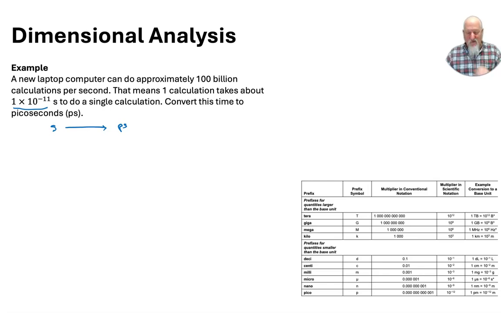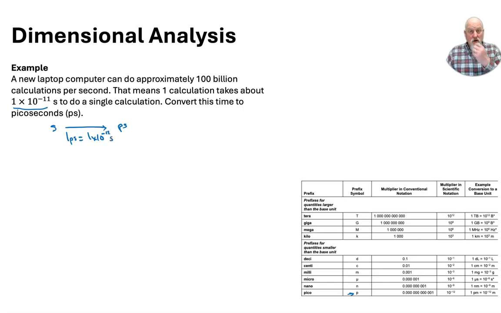So we're going to go to our metric system table, and we can see down here is pico. Pico means 10 to the negative 12th. Remember, 1 of the prefix unit is equal to this number of the base unit, so 1 picosecond is 1 times 10 to the negative 12 seconds.